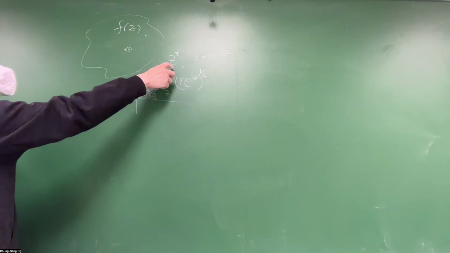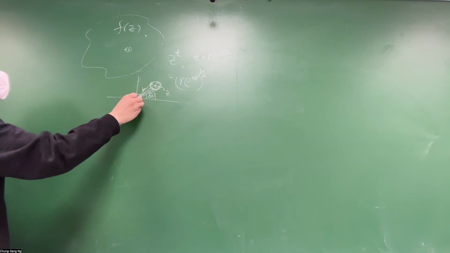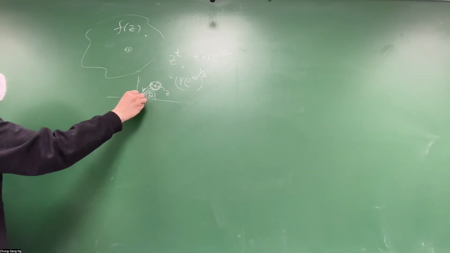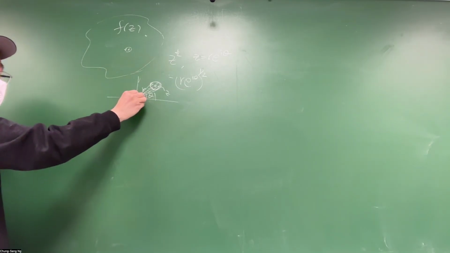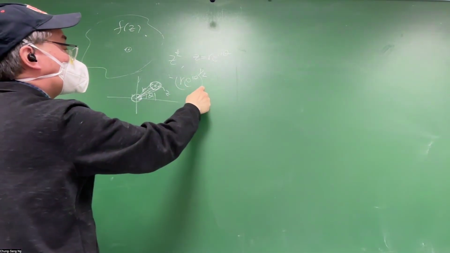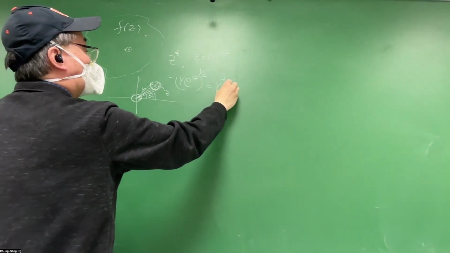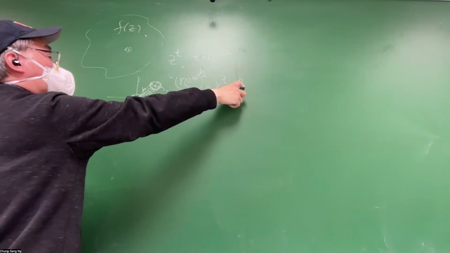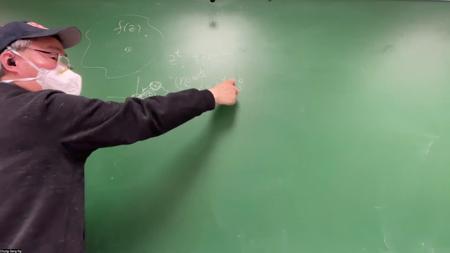So for this function, obviously you will choose zero as your point to consider. You go around a loop, starting with theta zero, then keep increasing until you go to 2 pi. That increases theta by 2 pi, but this function is to the one half, e to the i theta over 2. If theta increased by 2 pi, then this exponential increases by e to the i pi, which is a negative sign.